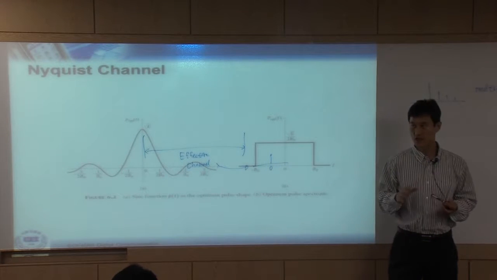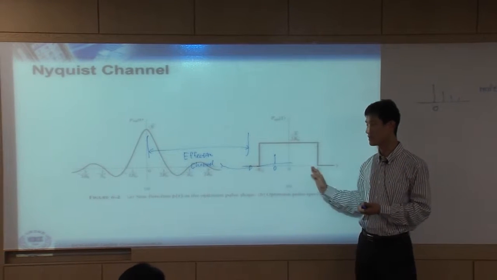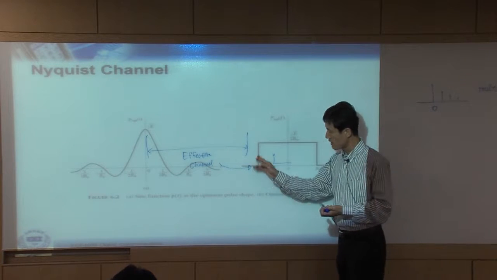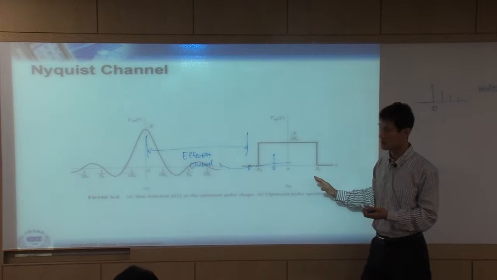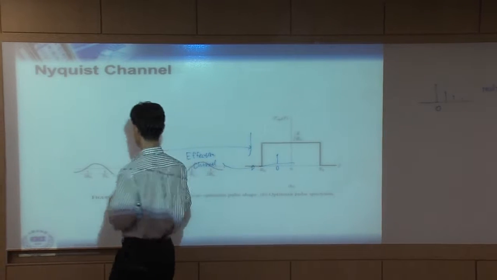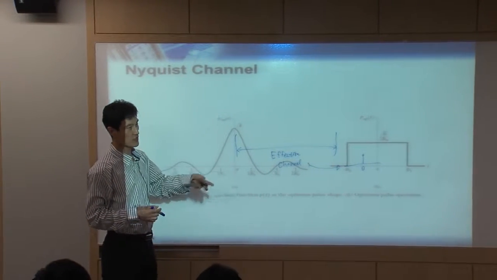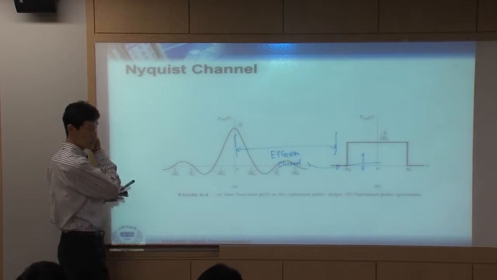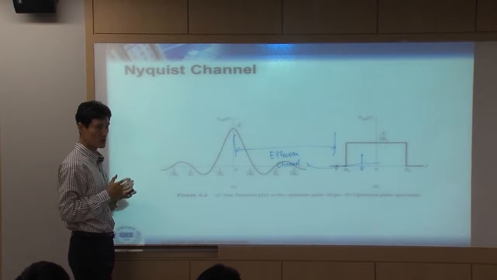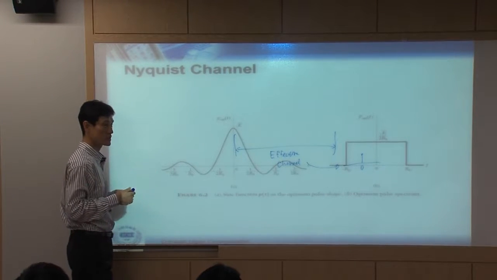You cannot use all the frequency, right? You're going to use only the given bandwidth. So when you have a rectangular frequency response, and take an IFFT, then you're going to see this sinc function in time domain. So this is the impulse response of Nyquist channel in continuous time.